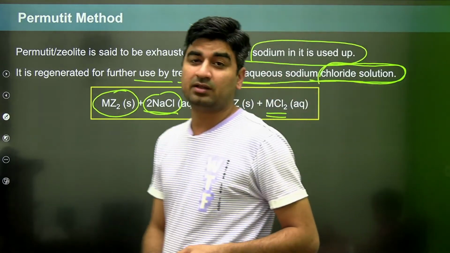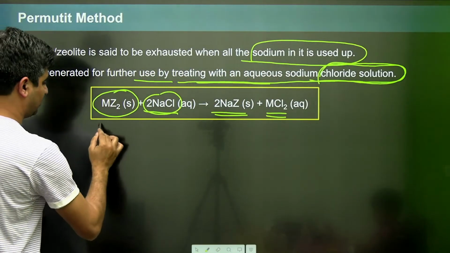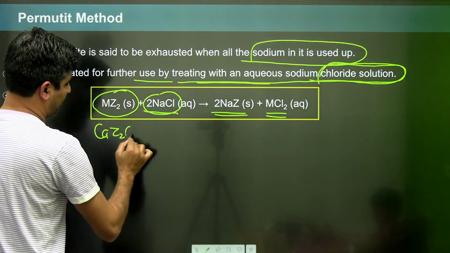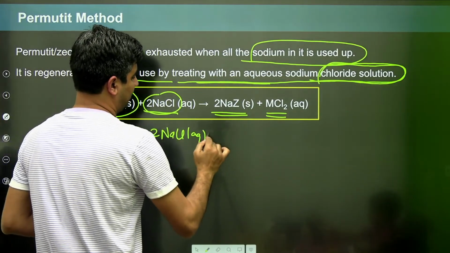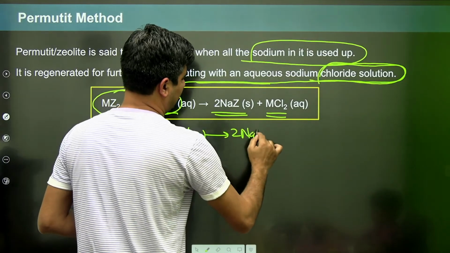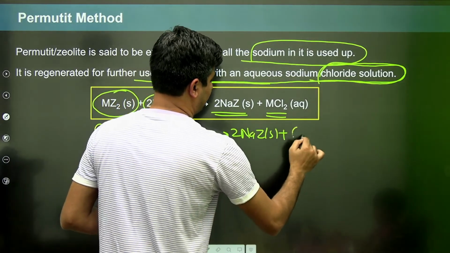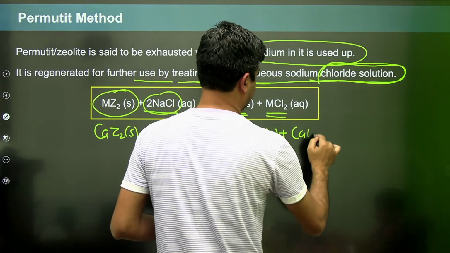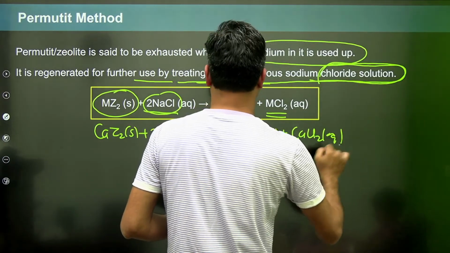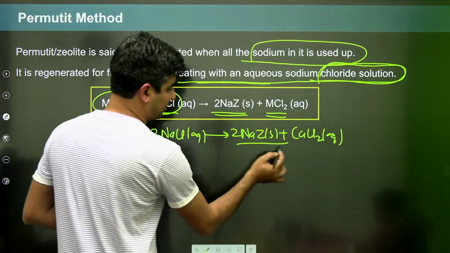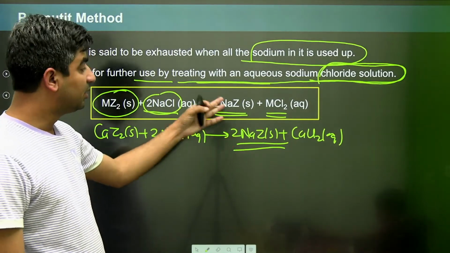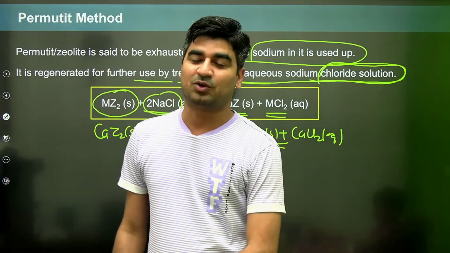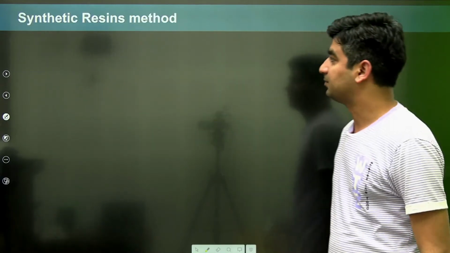So here again, what was M? You can write CaZ2 solid plus 2NaCl, and it is going to give you 2NaZ plus CaCl2. Got it? So look, it has been regenerated again, and again it will help you. Help in what? In making the water soft, right?